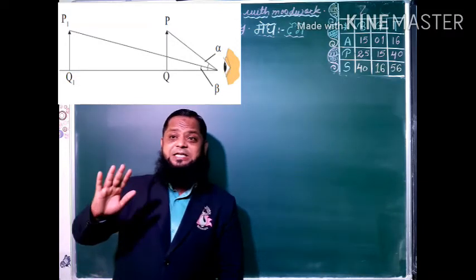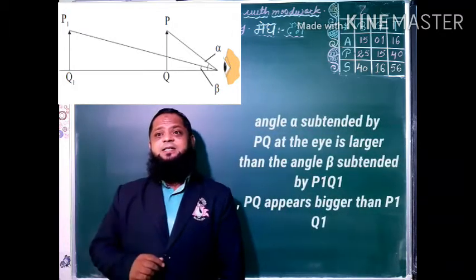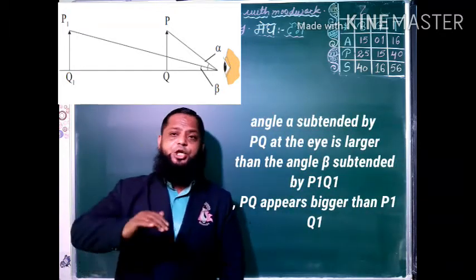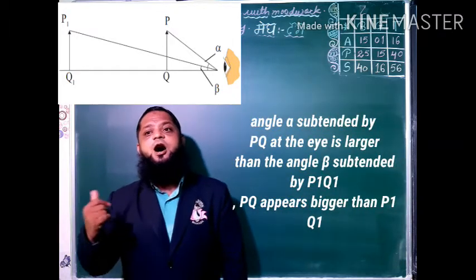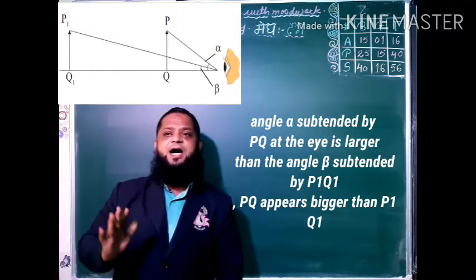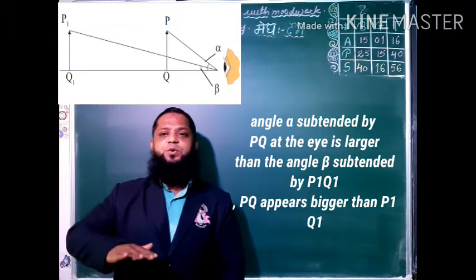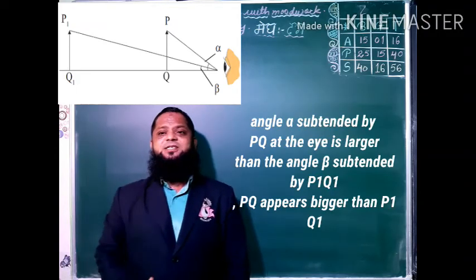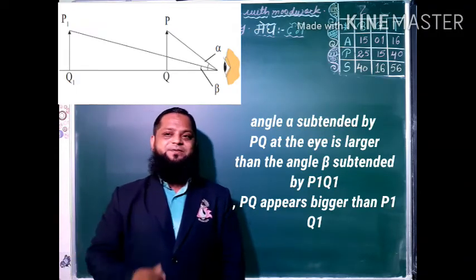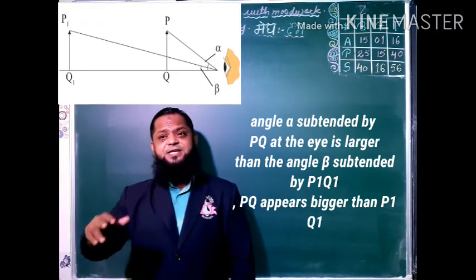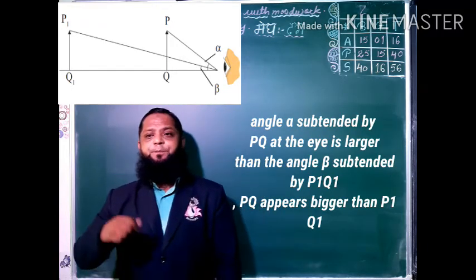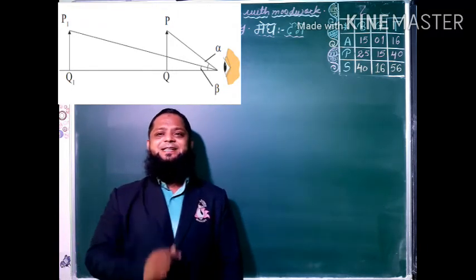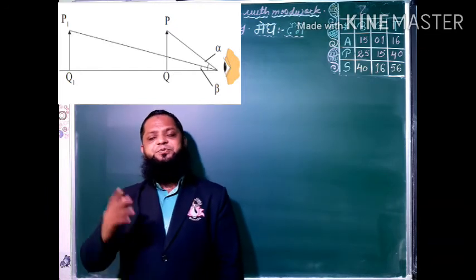As the angle alpha subtended by PQ at the eye is larger than the angle beta subtended by P1Q1, PQ appears bigger than P1Q1. The apparent size of an object depends on the angle subtended by the object at the eye.